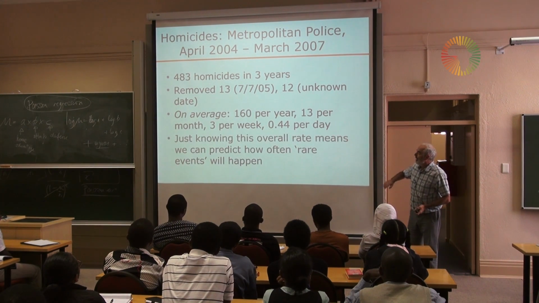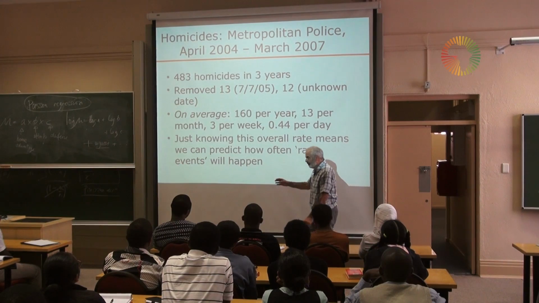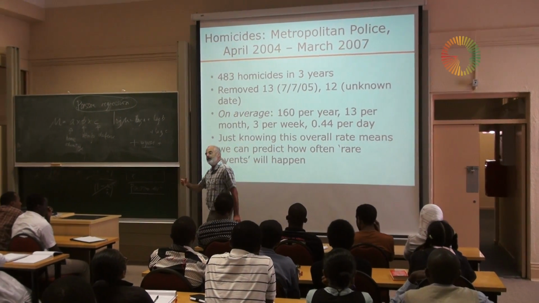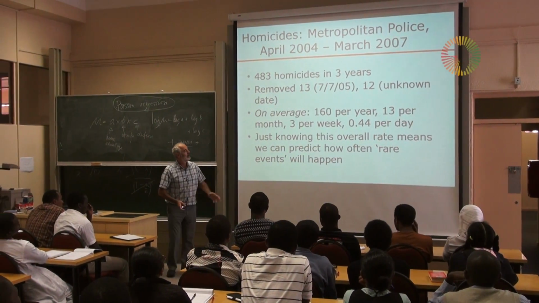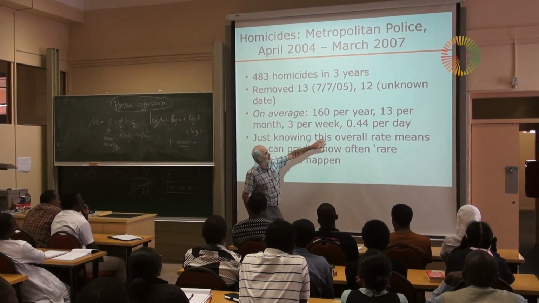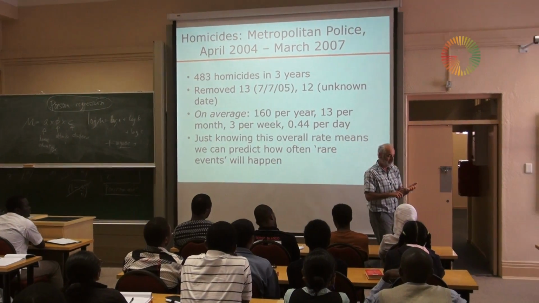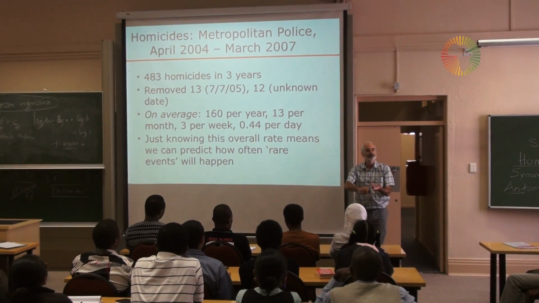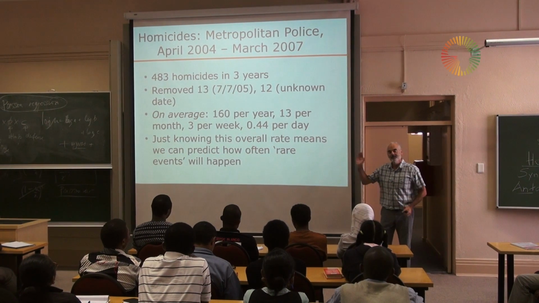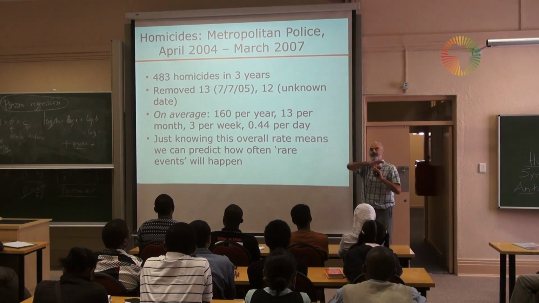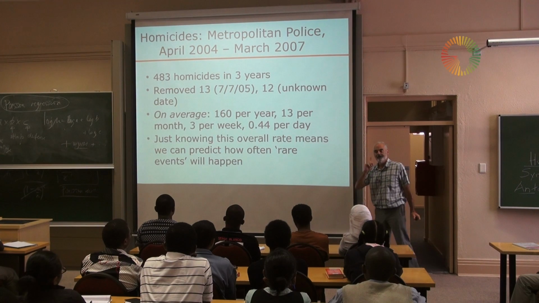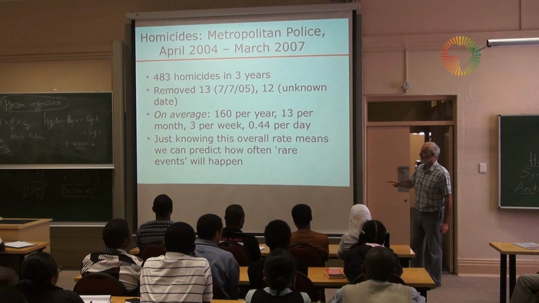Now, if we assume a Poisson distribution for the number of murders per day, we can just use this mean, just like the football match, to tell us what proportion of days there should be no murders, 1 murder, 2 murders, 3 murders, 4 murders. So it's just like the football match. Just knowing the mean tells you the whole distribution, because the Poisson's only got 1 parameter.